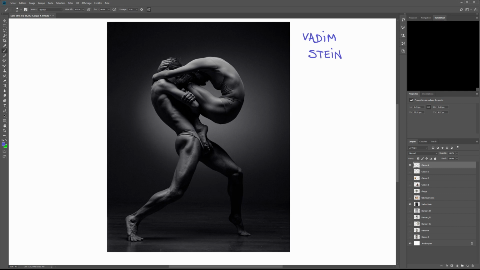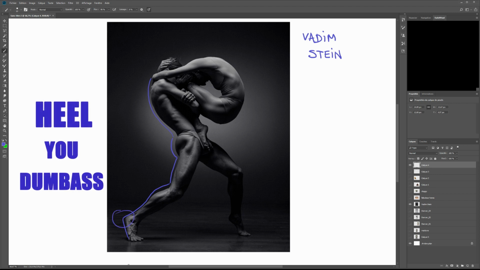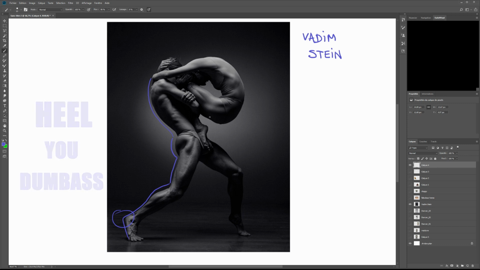Like here in the back you have this curve and the break for the butt, and then a straight line for the waist, and another one for the calf, and the break for the... I've forgotten this word, but yeah, you heard me. And even the anatomy curves are very strong.